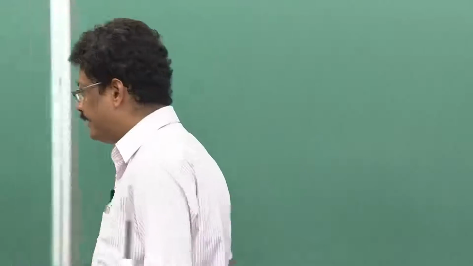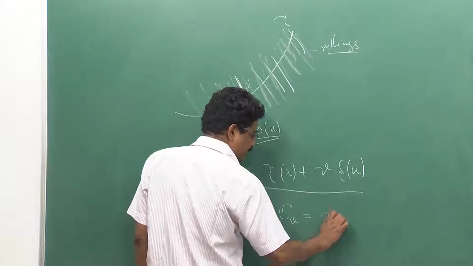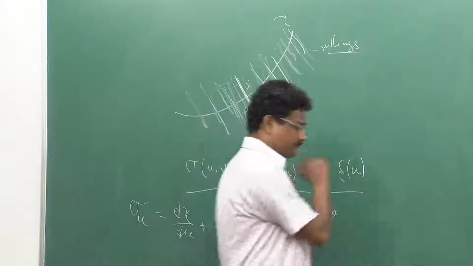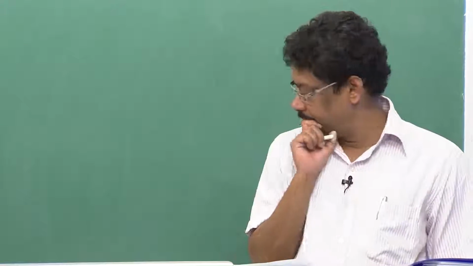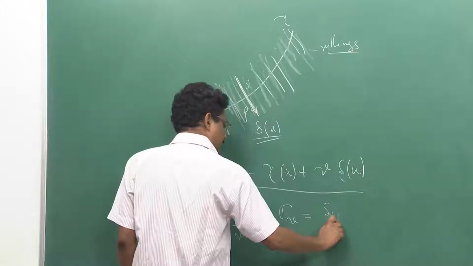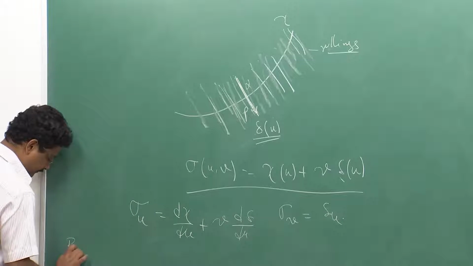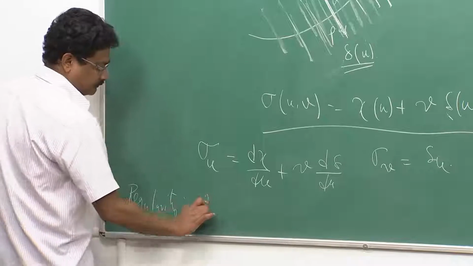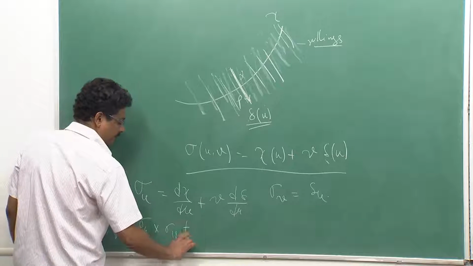And sigma v is simply delta u. So, I must have for regularity this vector not equal to 0.